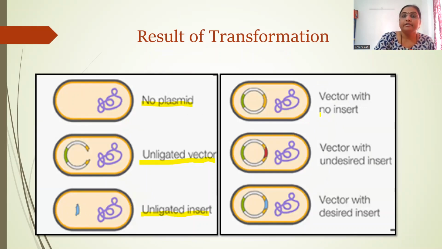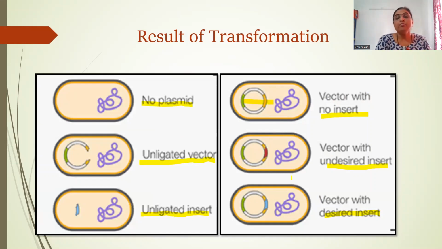In some there is a self-ligated vector, a vector with no insert. In some, an undesired insert with a vector, and here there will be the vector with a desired insert. So these many possibilities will be there after transformation. These many types of cells you are getting.